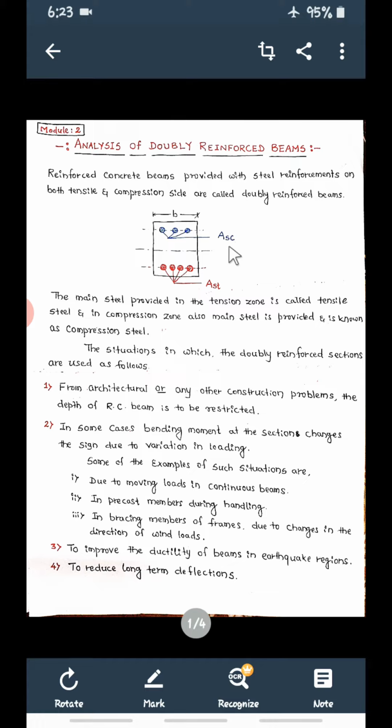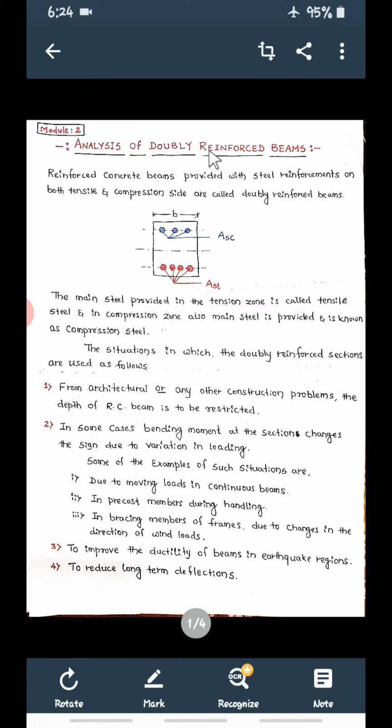Below the neutral axis it is the tensile zone, and above the neutral axis it is the compression zone. If you are providing main steel, the reinforcement is provided in both the tension zone as well as the compression zone. The number of bars may vary, but on both sides the reinforcement will be provided. Such a beam, where you can see reinforcement in both zones, is called a doubly reinforced beam.